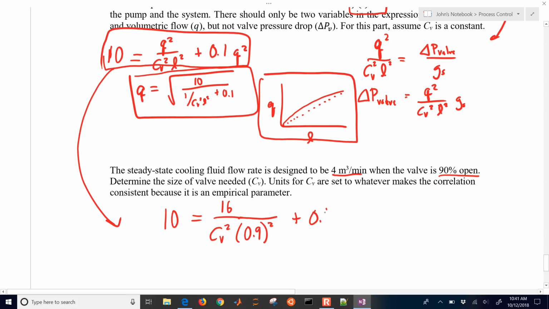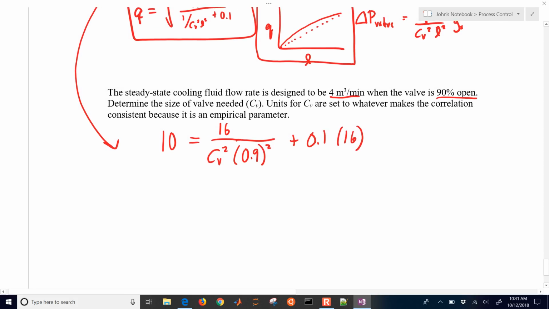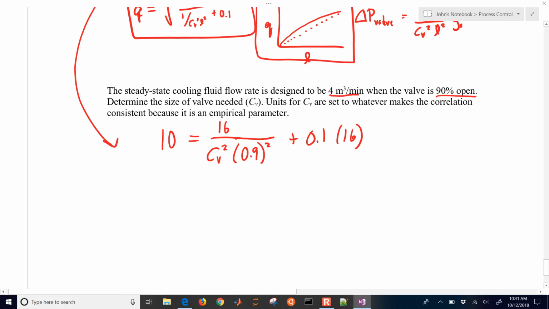And then I'll add 0.1 times 16. So now I just need to solve for the CV value. That's going to be 16 divided by CV squared times 0.81 equals 10 minus 1.6. And when I solve it all out, CV is equal to 1.533.